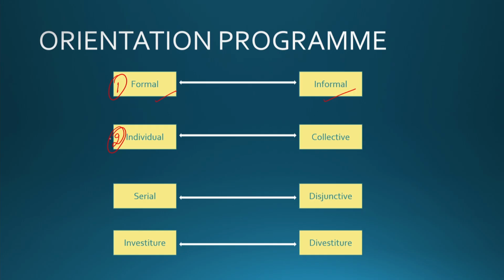And the second is individual versus collective orientation. Under individual orientation, which is generally done for senior management people, those who join senior management roles are individually oriented by the top management about their role and other processes. The collective orientation is generally for middle and lower middle level employees or first line workers.